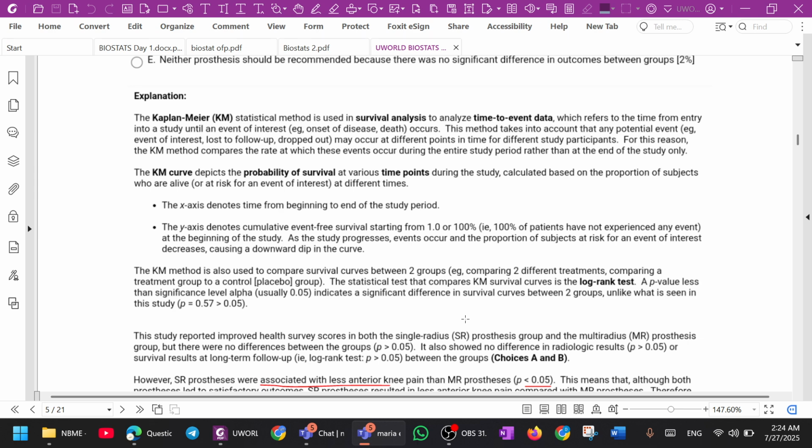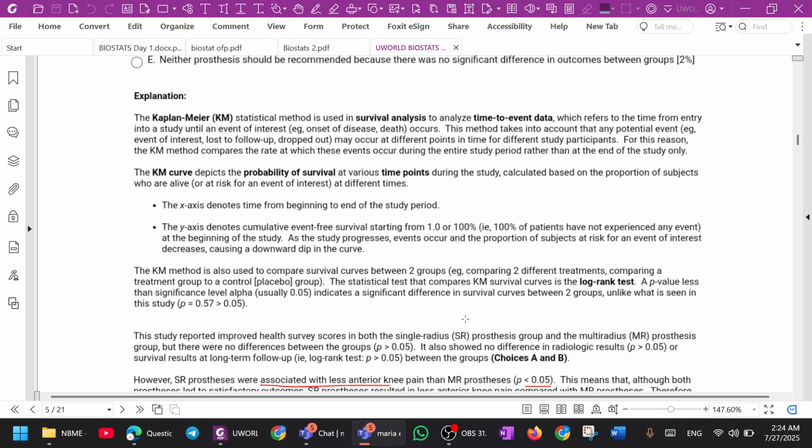For this reason, the KM method compares the rate at which these events occur during the entire study period rather than at the end of the study only. The Kaplan-Meier curve depicts the probability of survival at various time points during the study, calculated based on the proportion of the subjects who are alive or at risk for the event of interest at different times.